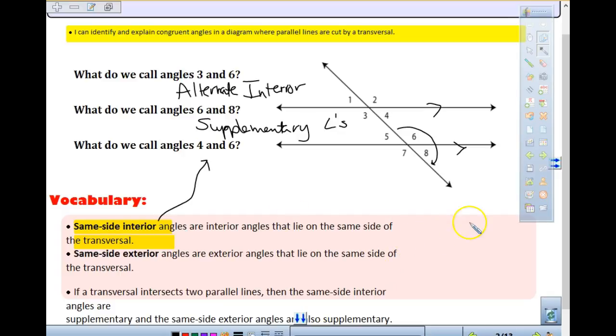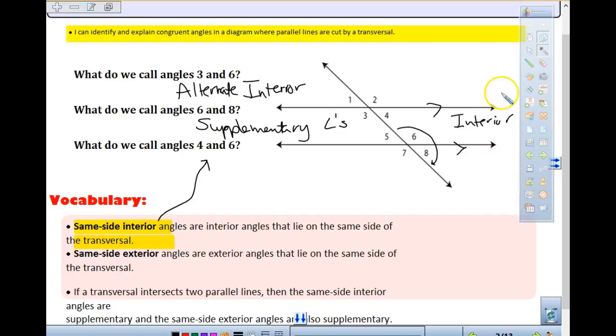If you were going to read that for us, please go, Kaden. Same side interior angles are interior angles that lie on the same side of the transversal. So, interior, 4 and 6 are in between. This is our interior, right?